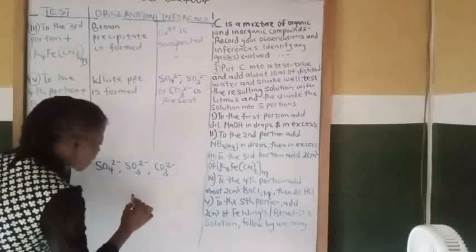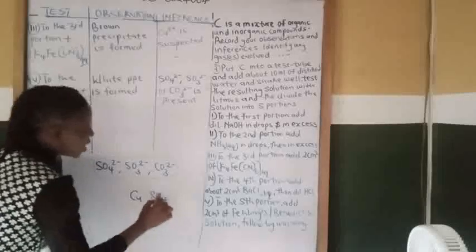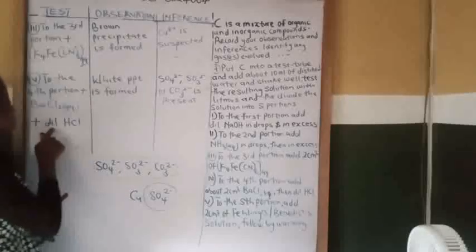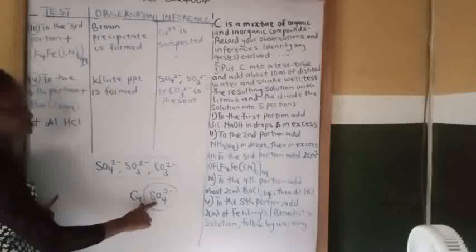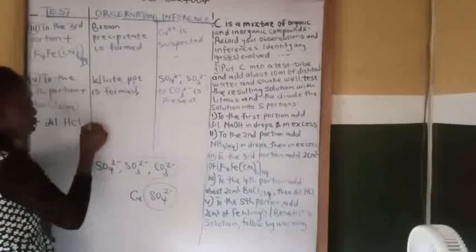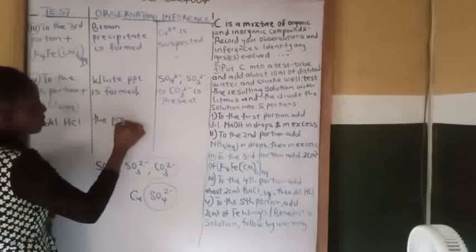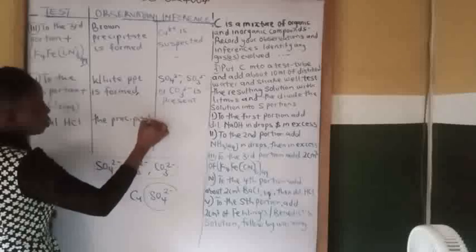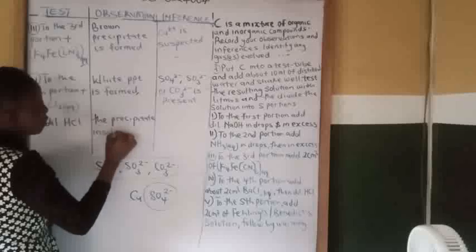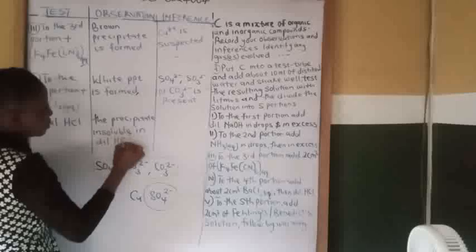Then our sample C consists of copper and SO4. So the only anion in our sample is SO4. So therefore, what will be our inference when dilute HCl is added? Don't forget that this one will not dissolve in excess HCl. So our next answer will be the precipitate is insoluble in dilute HCl.